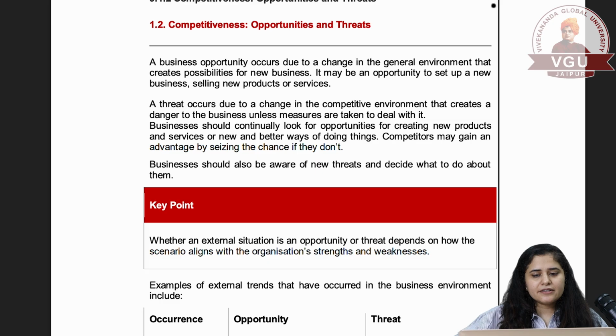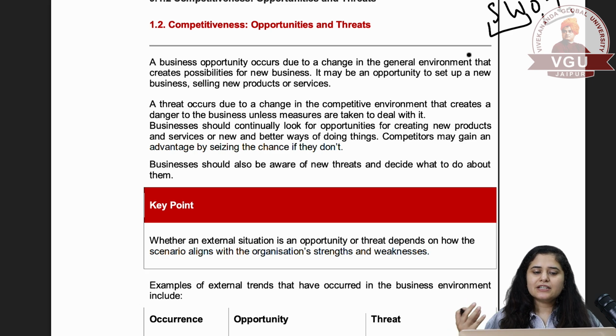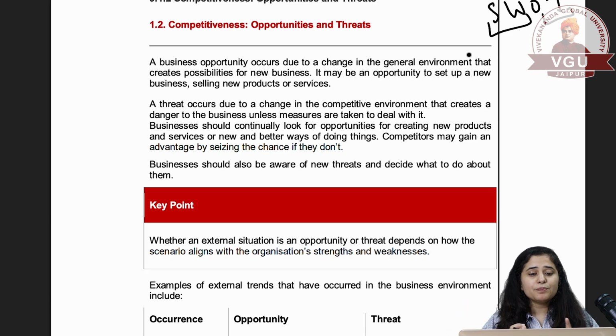Like we said, SWOT covers strengths and weaknesses, which are internal, and opportunities and threats, which are external. First we will see how competitiveness is related to opportunities and threats. A business opportunity occurs because there is a change in the environment.